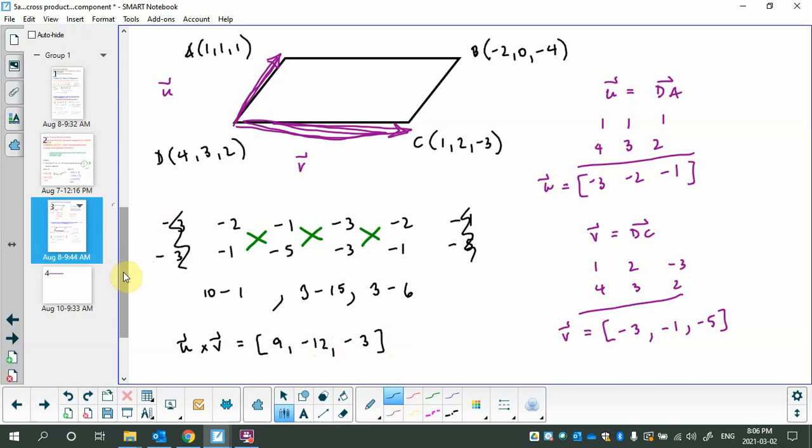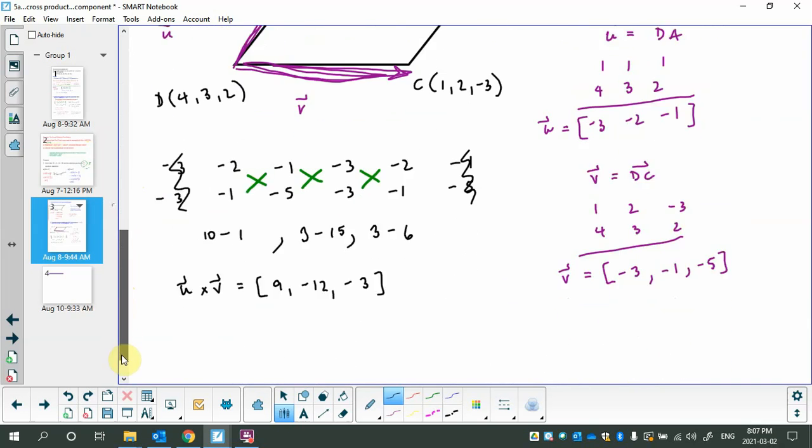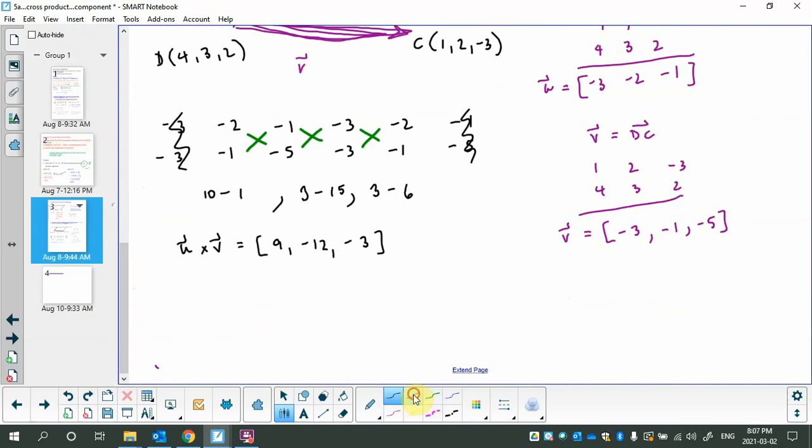What we need to do, now that we have the cross product of the adjacent sides, is we need to find the magnitude of the cross product of the adjacent sides. So the magnitude of u cross v is equal to 9 squared, -12 squared, -3 squared, add them together, square root.